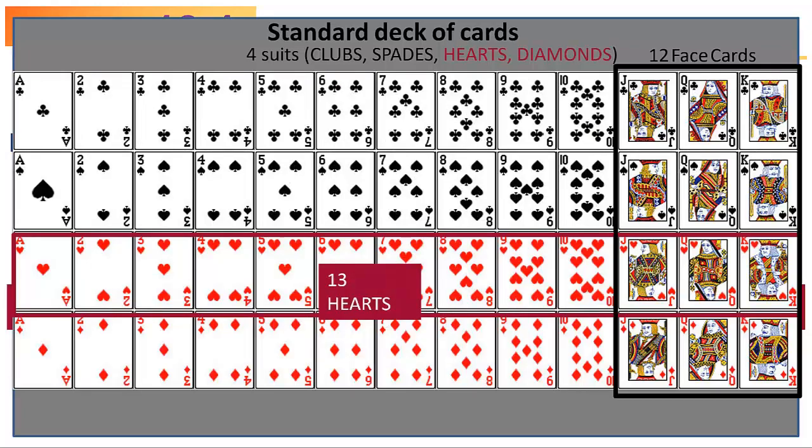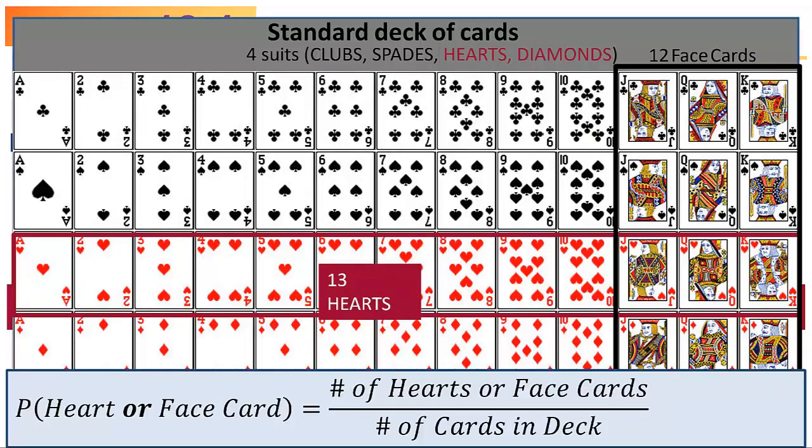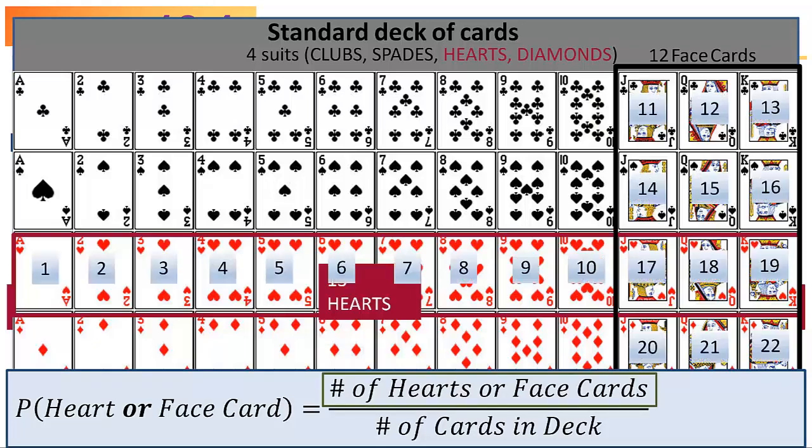It has 4 suits, 12 face cards, etc. So the probability of a heart or a face card is just going to be the number of hearts or face cards over the number of cards in the deck. Well, if you look at the hearts or face cards and just count them, the face cards are the cards that actually have faces on them, and you've got the hearts as the other possibility.